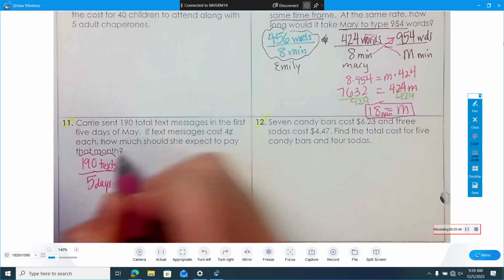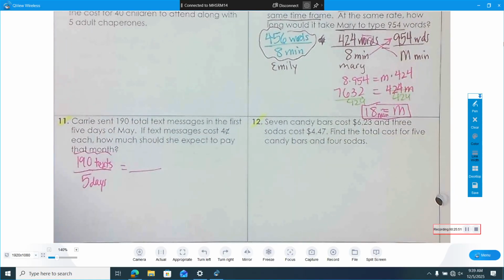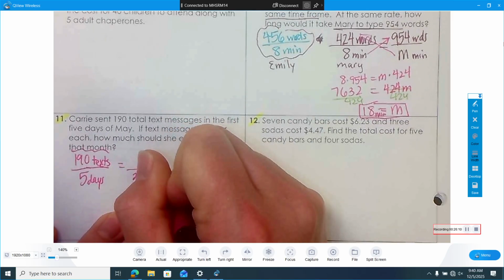What month are we talking about? May. How many days are in May? 31. 30 days has September, April, June, and November. All the rest has 31. So 31 days.